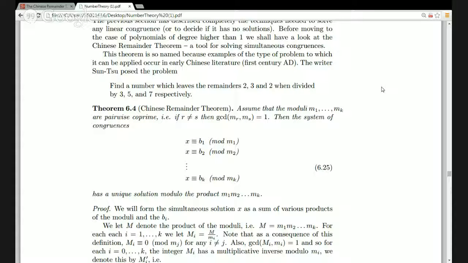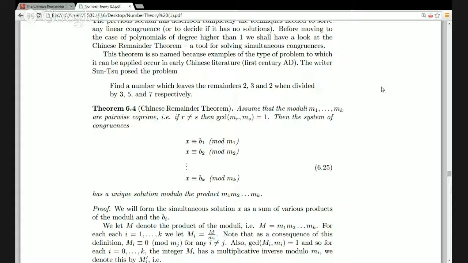When we apply the CRT to our problem of solving polynomial congruences, these prime powers will be the mi, and these bi's will be a solution, x congruent to bi modulo the prime power, of this polynomial, okay? So that's the way we're going to encounter it.